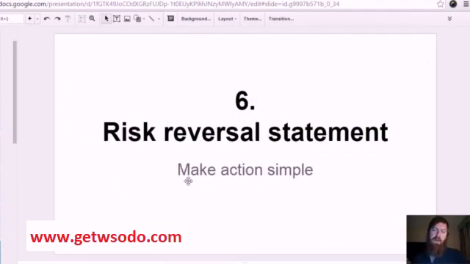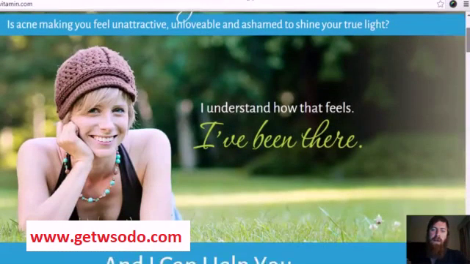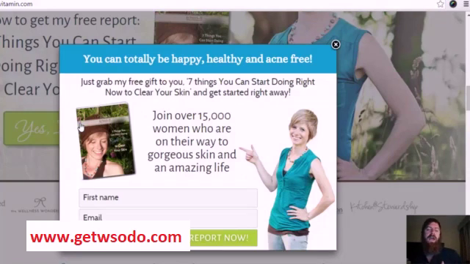So the next factor is the risk reversal statement. You want to always make the action really easy for the customer to take. In the Love Vitamin example, they made it easy because they're giving them a free report. You don't have to actually put down your credit card.